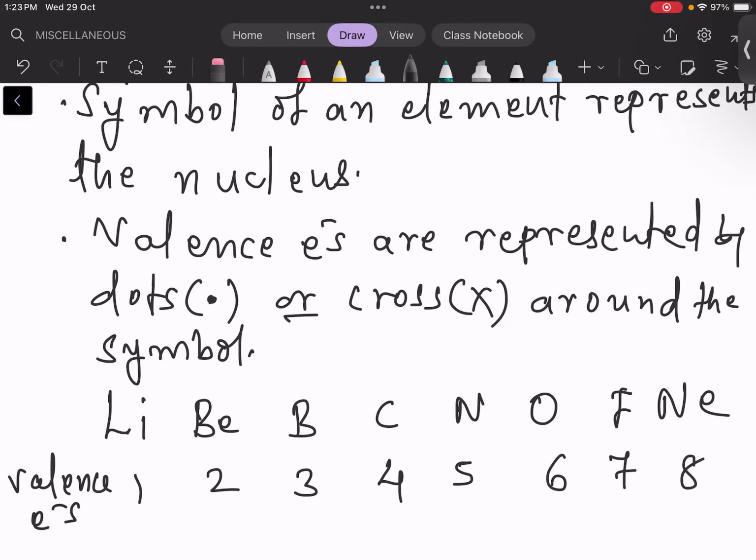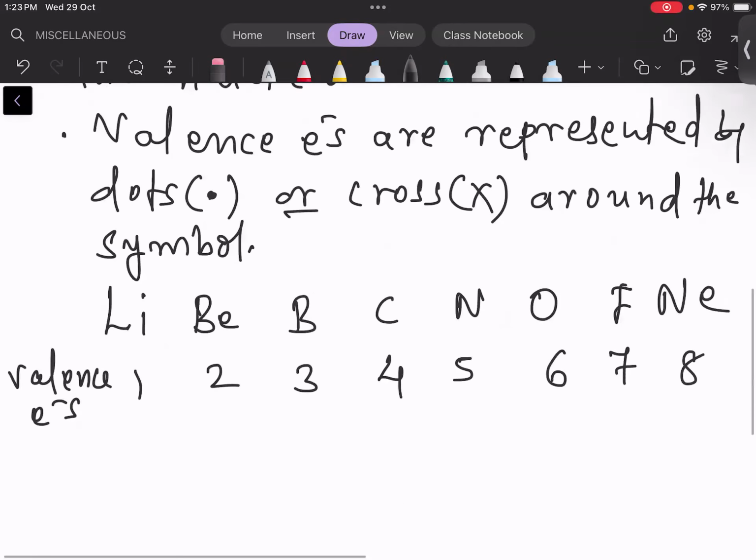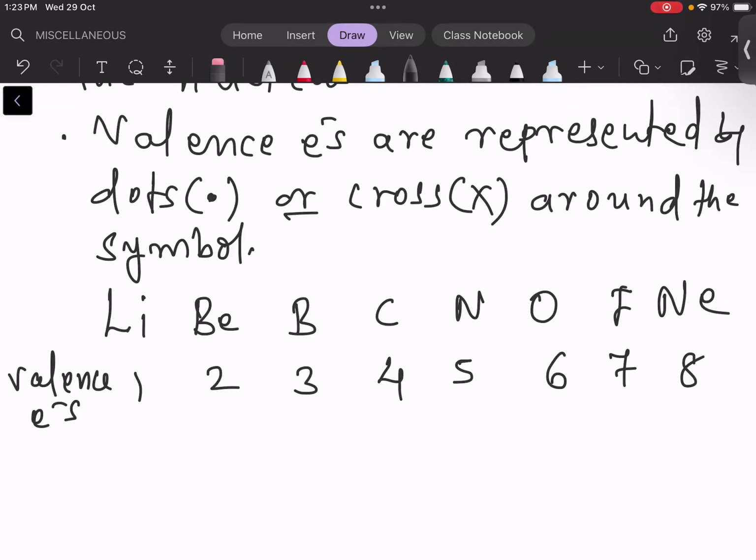Okay. So Lewis representation is what? Valence electrons in an atom. Okay. And they're represented in the form of dots. So we'll write Lewis symbol.